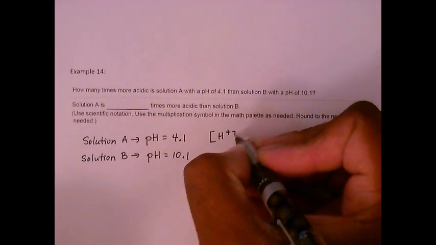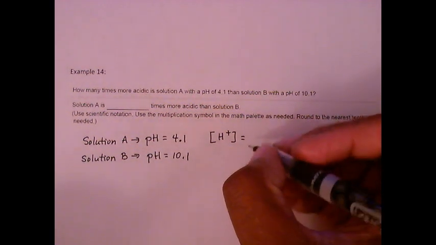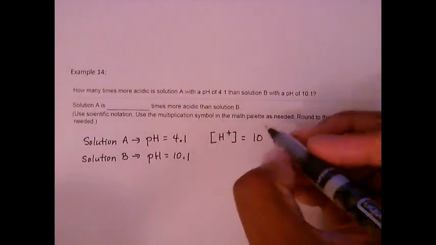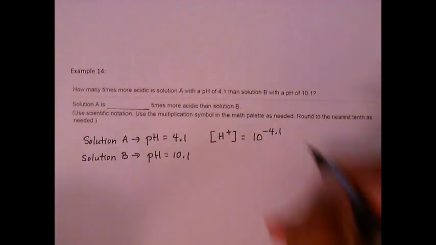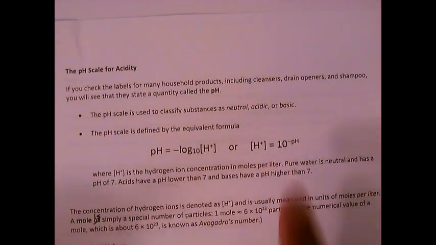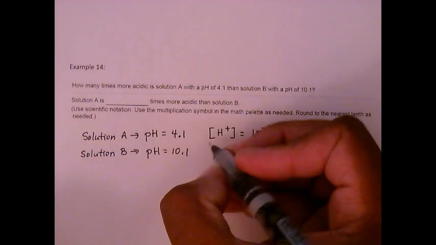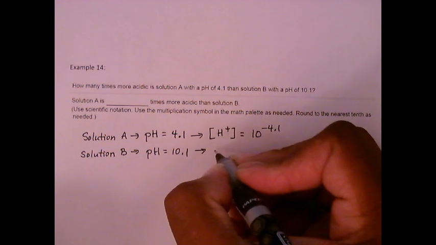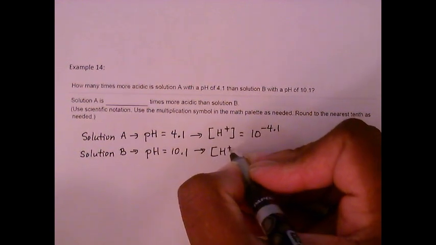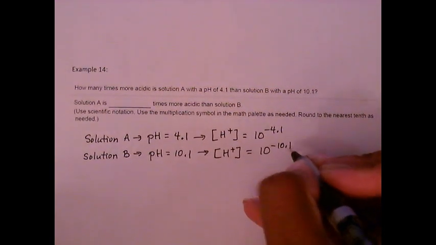That means the hydrogen ion concentration of solution A would be 10 to the negative pH, which is negative 4.1. So here, I'm using that formula: the hydrogen ion concentration is equal to 10 to the negative pH. And for solution B, its hydrogen ion concentration would be 10 to the negative 10.1.